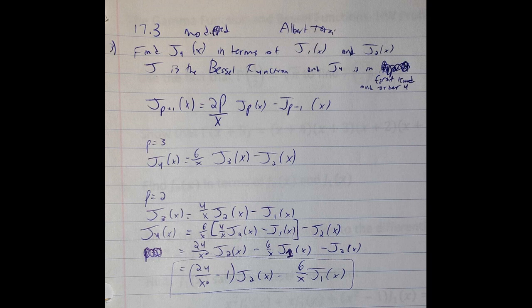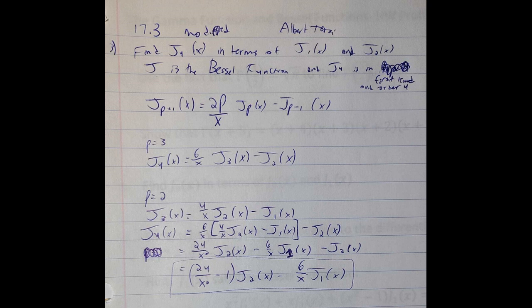Okay, so I did J4(x) equals 6 over x times, in parentheses, 4 over x J2(x) minus J1(x), closing the parentheses for the J3(x) we had in the J4(x) equation, minus J2(x).